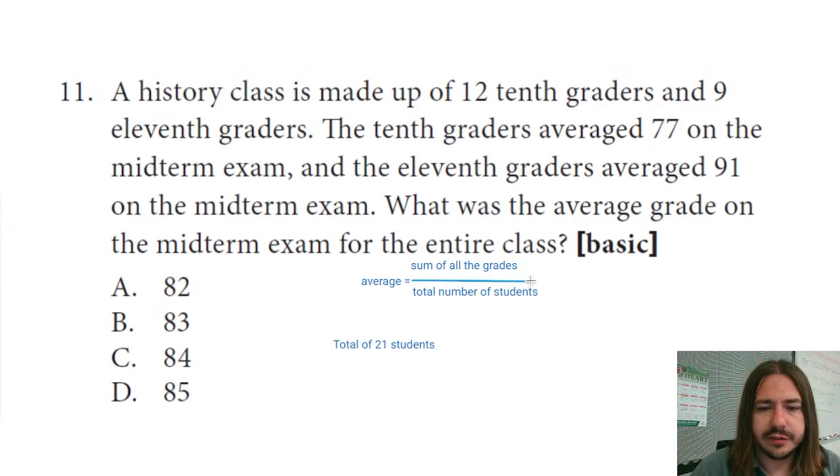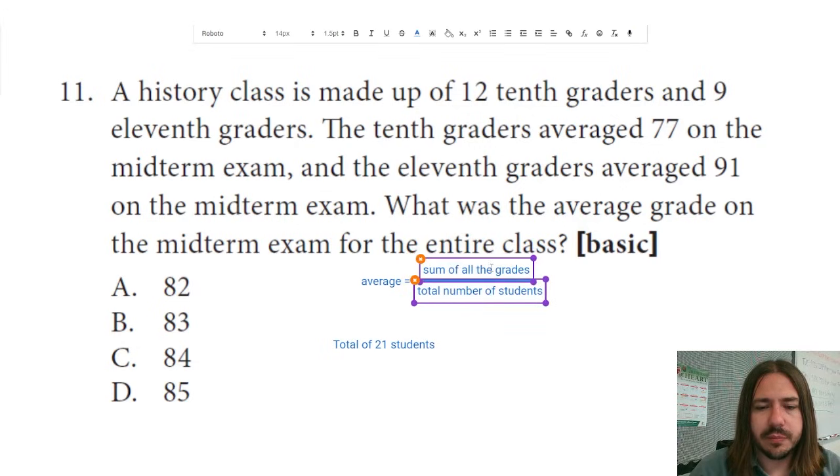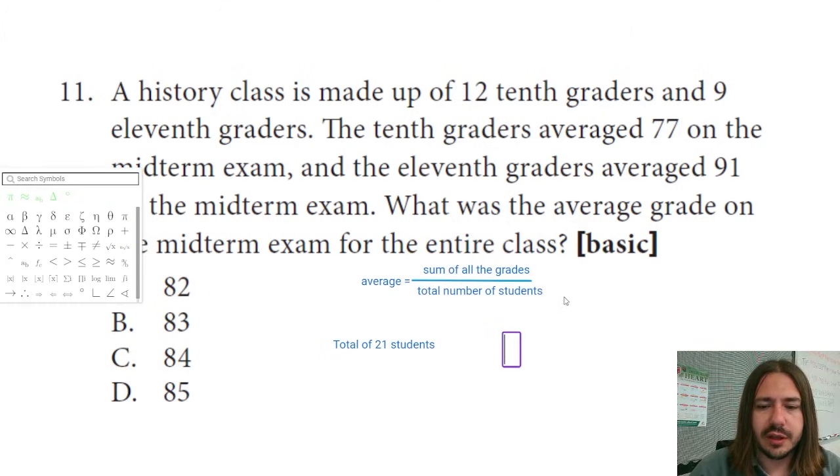And we want to divide these. Okay, so we already figured out the total number of students is 21, so we know what our denominator is going to be, but we need to find the sum of all the grades, and that I think is the hardest part here.